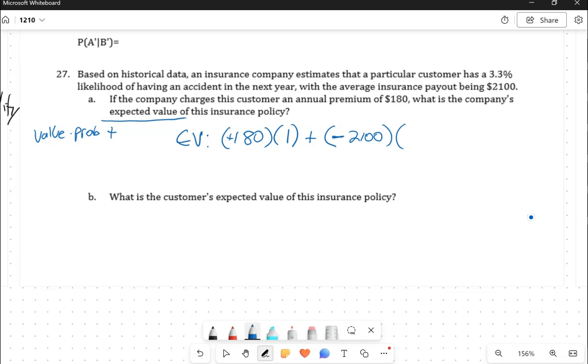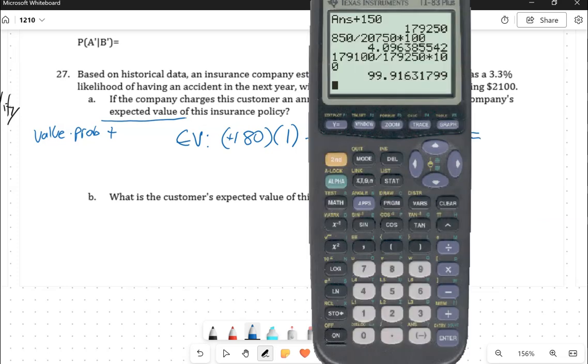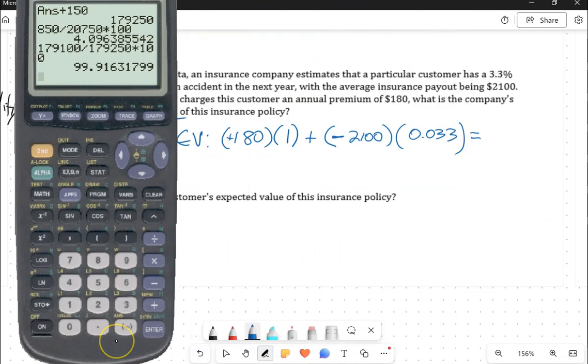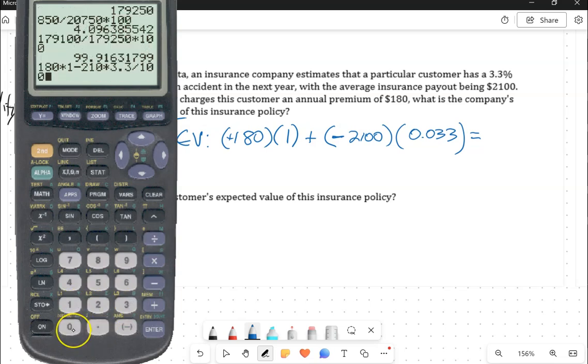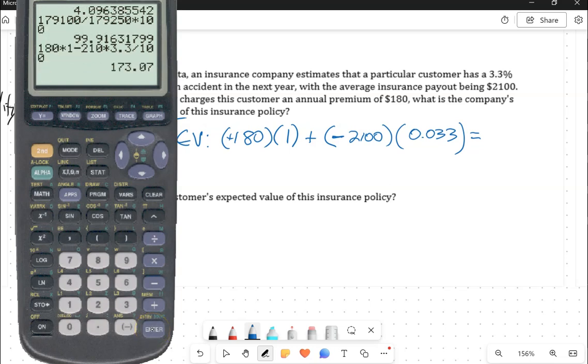How often? 3.3%. And calculator work. By the way, on a calculator, I would probably be doing this letting the calculator do the divide by 100 to convert that percent into a decimal. 173.07.